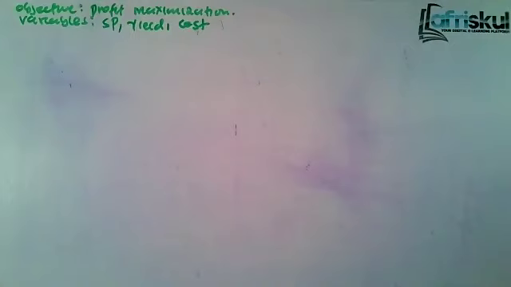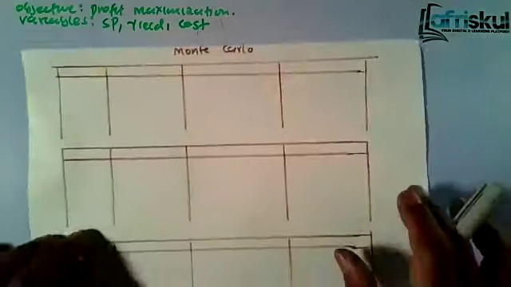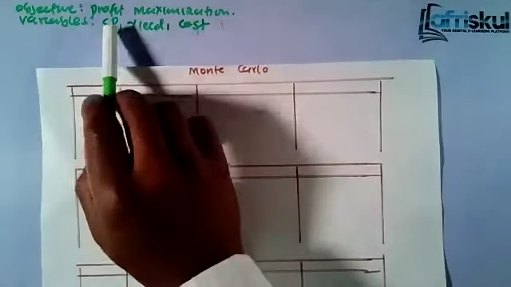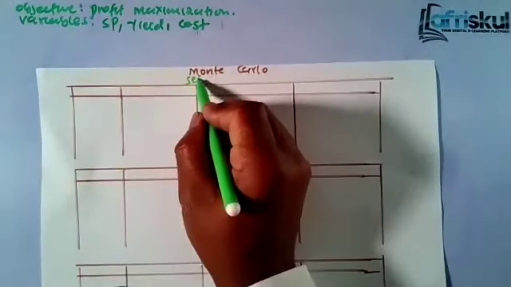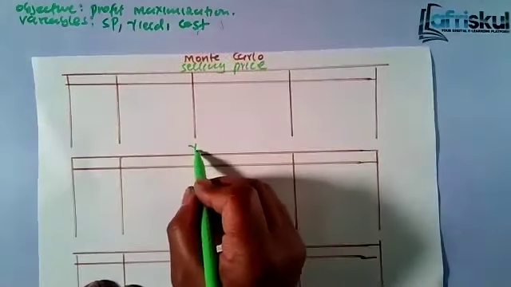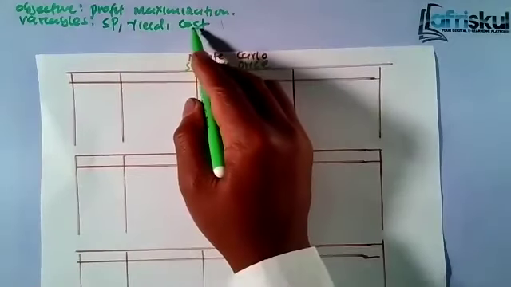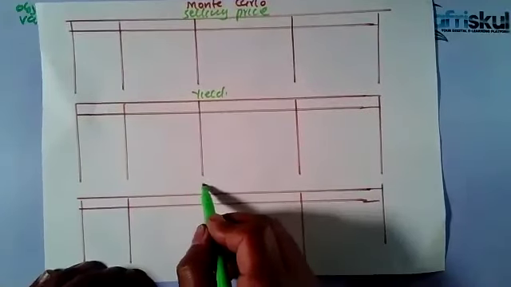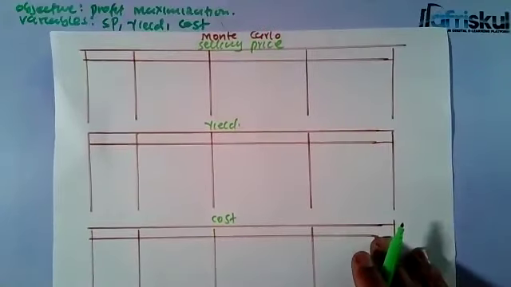Then step number 3, you develop the simulation probability distribution of the Monte Carlos. Now, we also prepare 3 of them since we have 3 variables. The first one is for selling price. Then the other one is for yield. And the third one is for the cost.